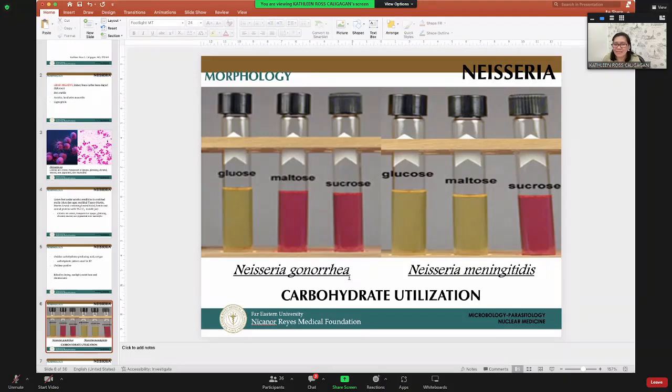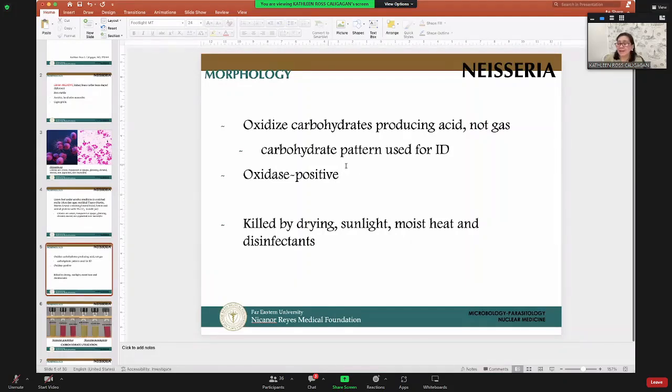We limit ourselves to these two important ones. Gonorrhoeae can oxidize glucose only, while Neisseria meningitidis can oxidize glucose and maltose. That's what we mean by the carbohydrate pattern used for identification of Neisseria species. Okay, let's move forward.